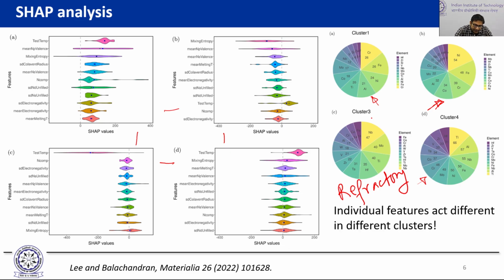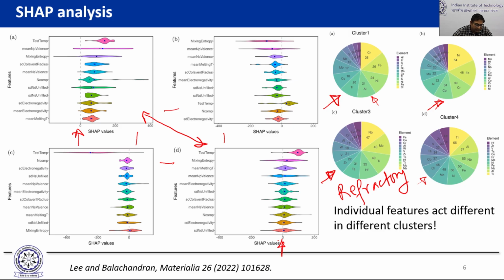So clearly, one would expect, given the refractory and the non-refractory nature, that cluster 1 and cluster 2 would be extremely different. And if you look at the SHAP contributions in the case of cluster 1 and cluster 2, you will see that this is quite different. Even the mean value about which the SHAP is plotted has also changed quite a bit.